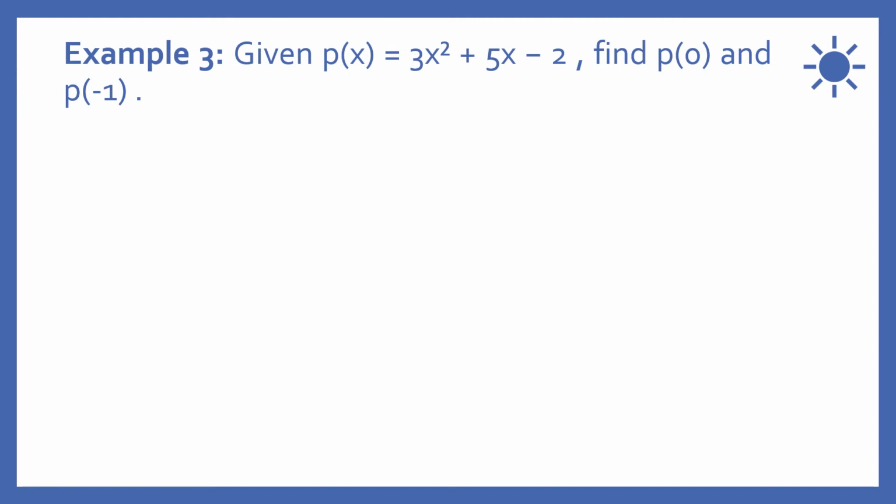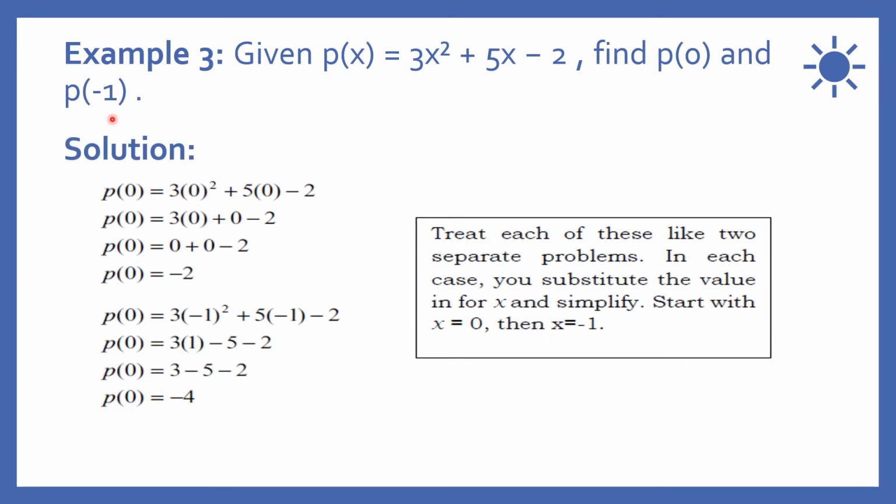Okay, next, example number 3. Given p of x equals 3x squared plus 5x minus 2, find p of 0 and p of negative 1. So, dalawang values natin, p of 0 at saka p of negative 1. Okay, solution. So, sabi dito, treat each of these like two separate problems.